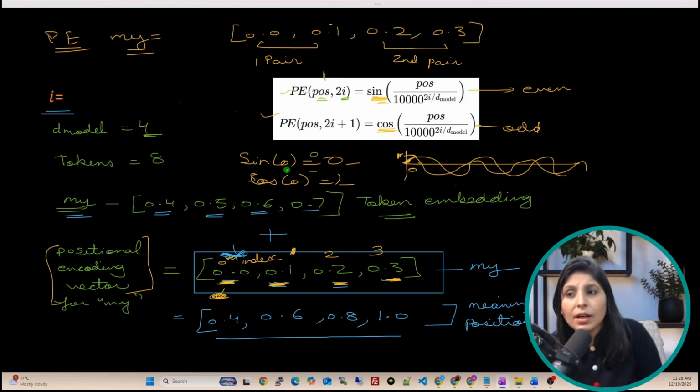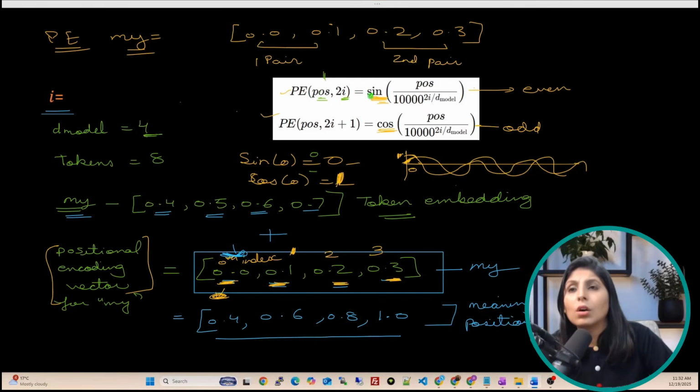This is the difference, right? When sine is at 0, the value is 0. Cos at 0 is 1. The combination of these two waves will create a wave, and that wave tells the position of the token. This is how we get position signals.